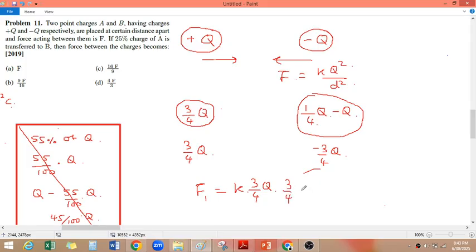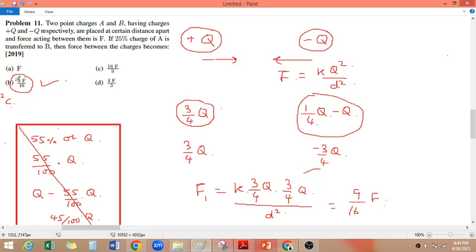So 3 by 4 into q divided by the same distance, d square. As I always say, kq squared by d squared becomes F. So what is left is 9 by 16. So 9 by 16 into F. That's your answer.